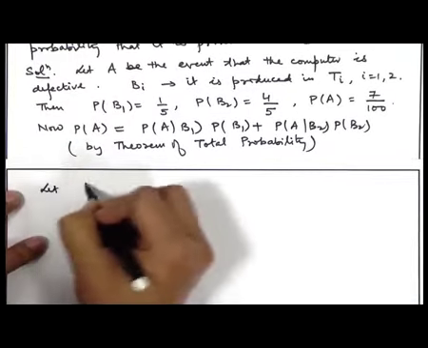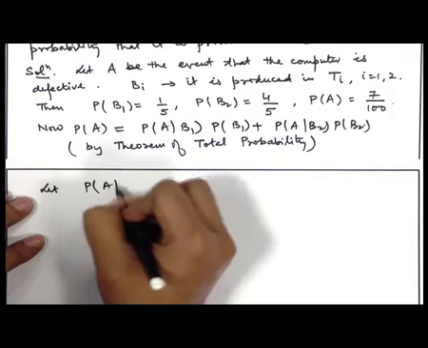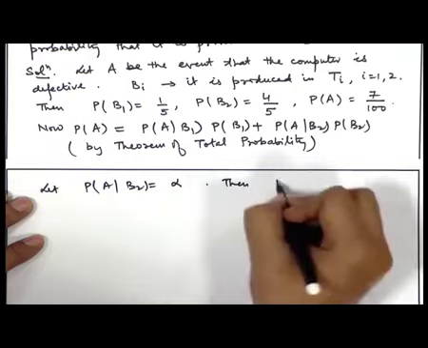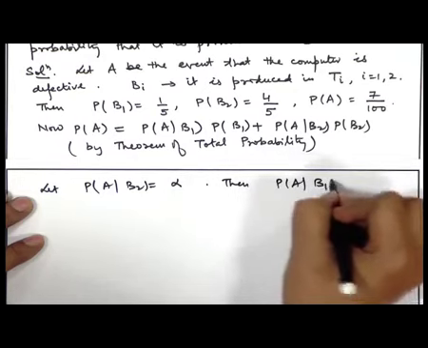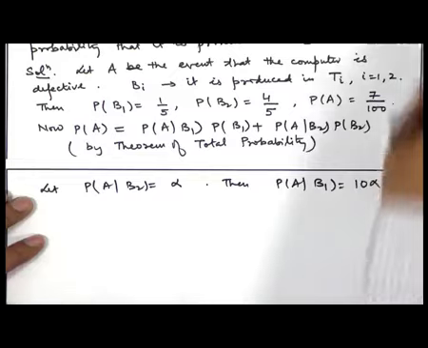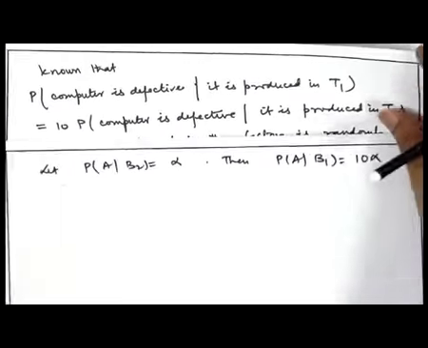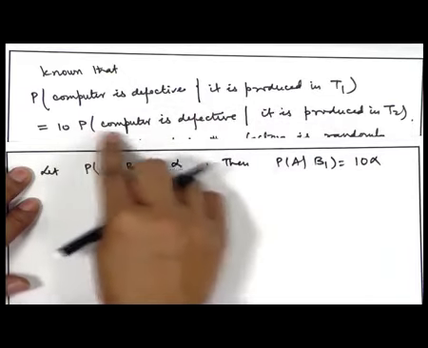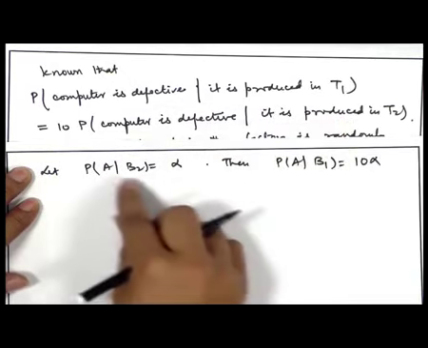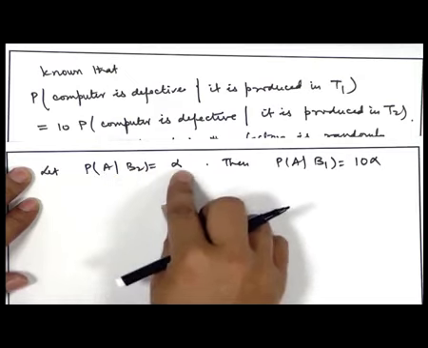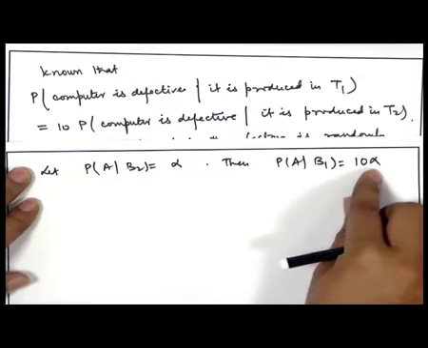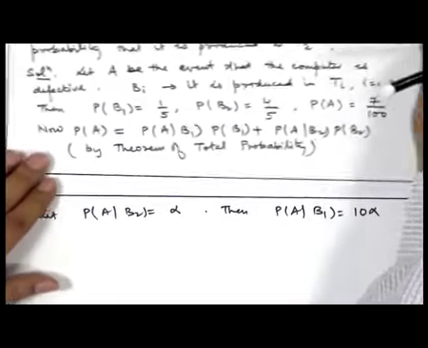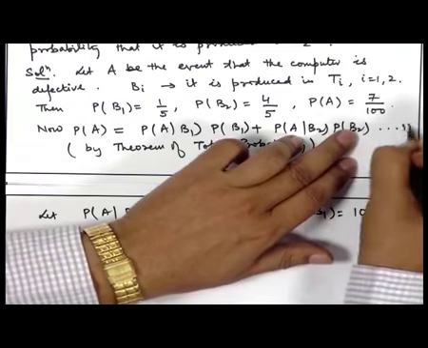Let us take probability of A given B2 to be alpha. Then probability of A given B1 becomes 10 alpha from this condition. Let me call it equation 1.